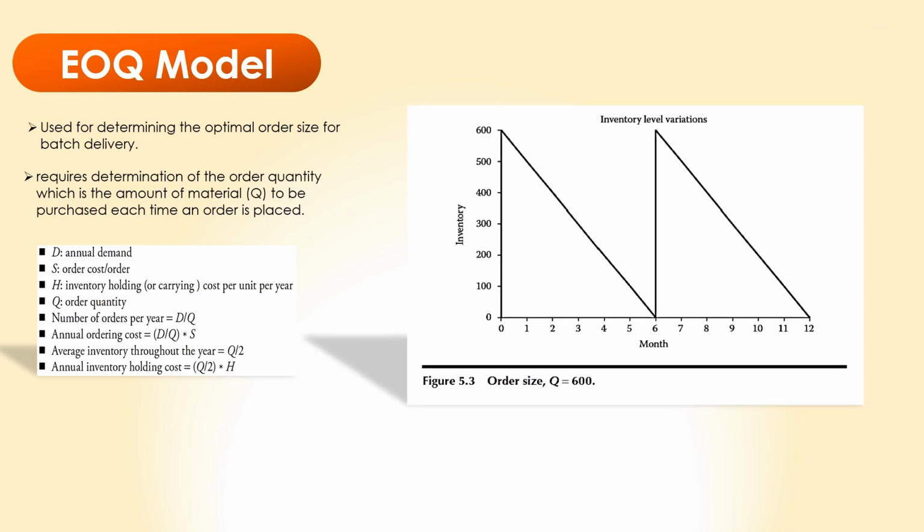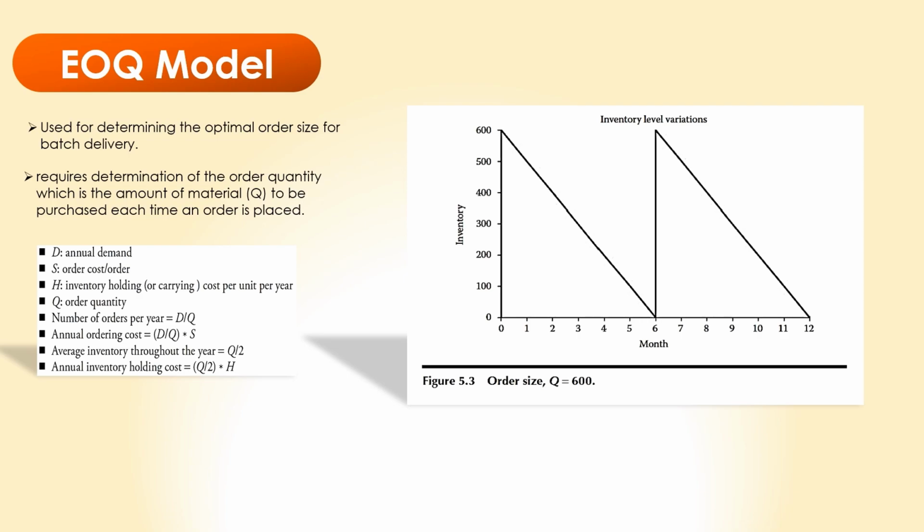Suppose naman Q is 600. Again, demand is continuous and constant. So from 600 to 0 after 6 months, and then nag-replenish ulit to 600 units. Then after 6 months, 0 na siya ulit yung inventory natin.